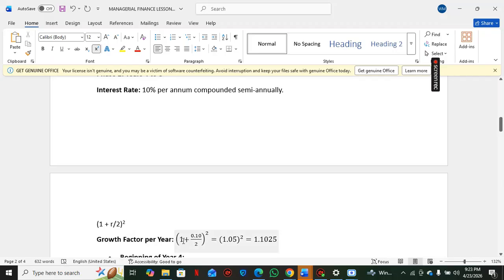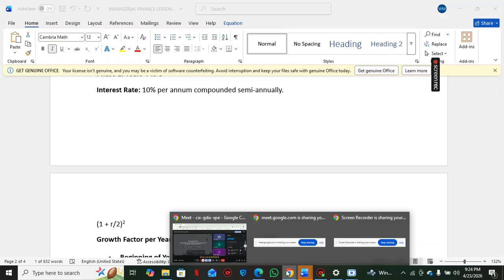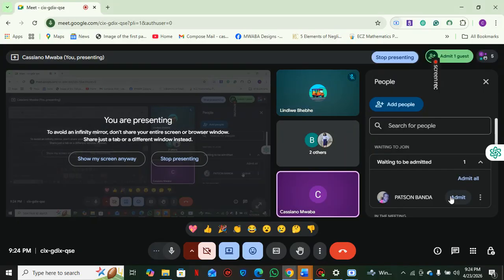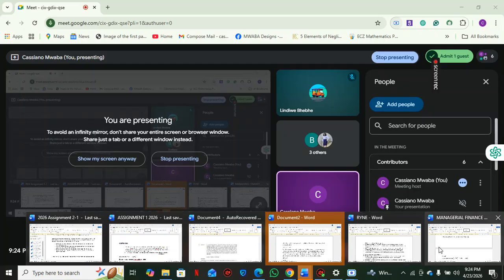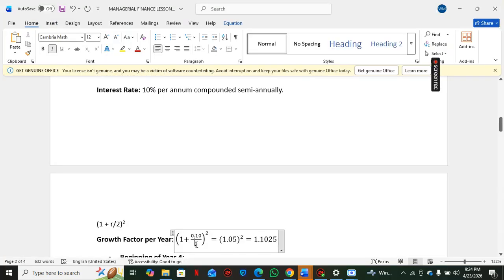So as you can see here, 1 plus 0.1, this 0.1 is the 10%. You divide it by 2, it becomes 1.05. So you say 1.05 raised to the power 2, that becomes 1.1025.